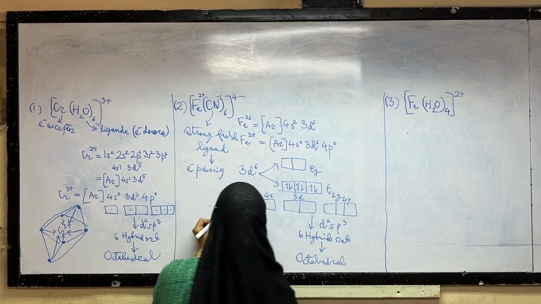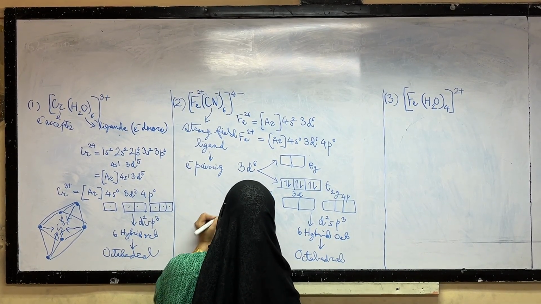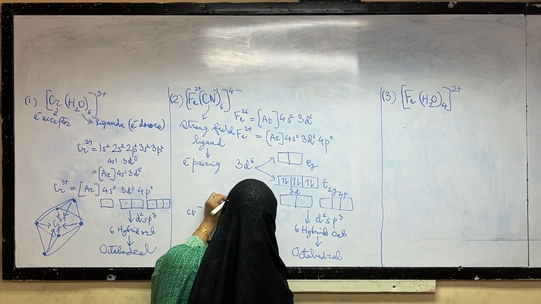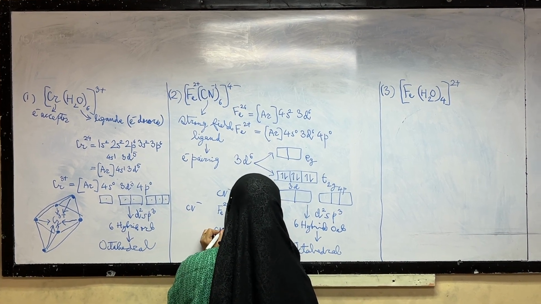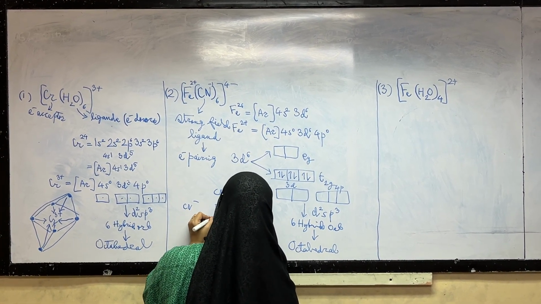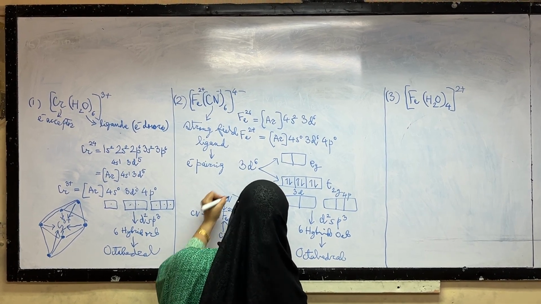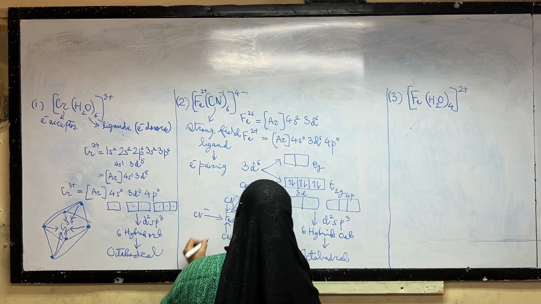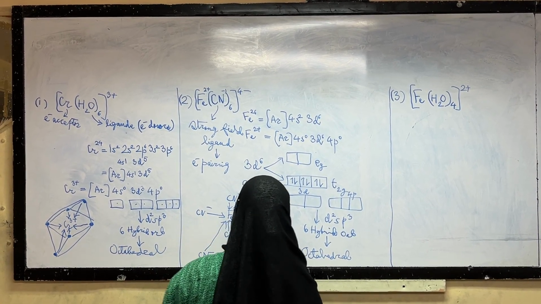So how will the structure of the complex look? Fe2+ in the center, then cyanide, cyanide, cyanide, cyanide. 4 cyanide ligands in one plane. 1 cyanide ligand above the plane and 1 cyanide ligand below the plane.